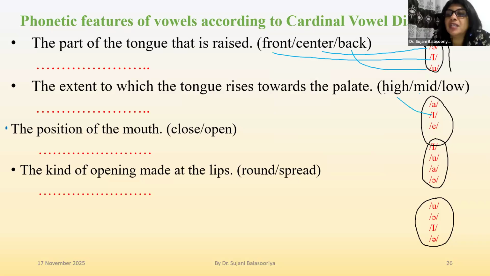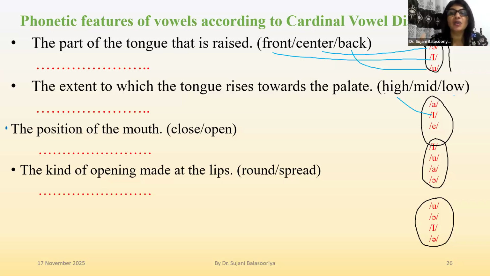And mid vowel? If you are not sure, you can pronounce them and identify it. Low vowel? Which vowel is a low vowel? Because your tongue lies low inside the mouth when you produce which vowel?